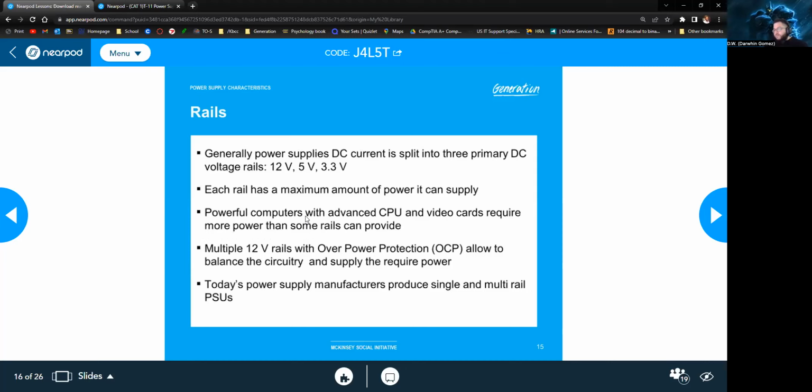Today's power supply manufacturers produce single and multi-rail PSUs, which just means that some manufacturers give you just one rail, while others give you multiple rails. So it's important to read your documentation and identify what components you're trying to run, so you can determine whether you need the extra rails or not.